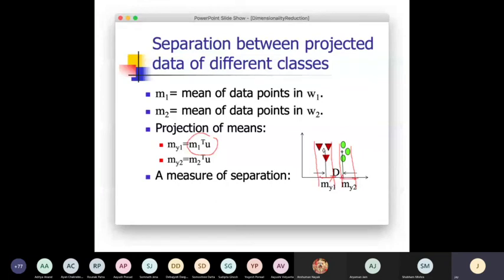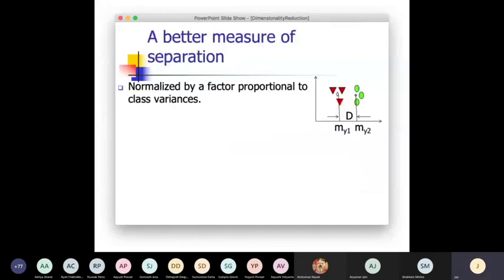If they are large, there is a risk of overlapping of these intervals. So we should try to maximize this separation, which can be represented as the absolute difference between these two values. These are two scalar values. So D should be maximum, and then we need to consider the standard deviation or variances of the data.